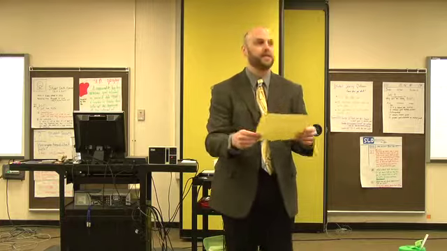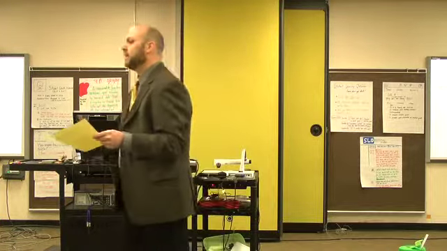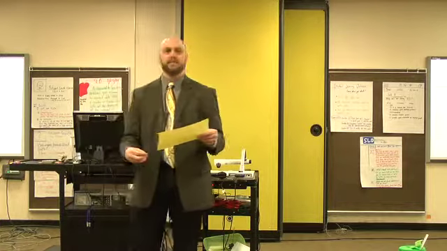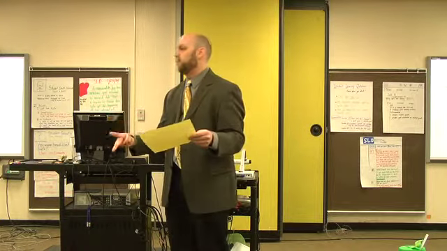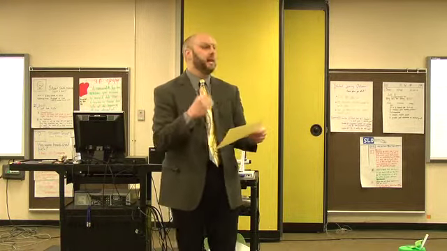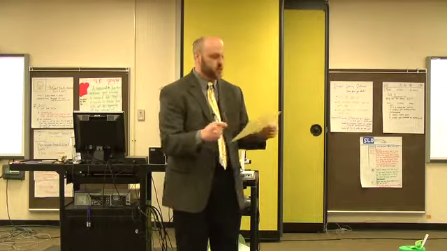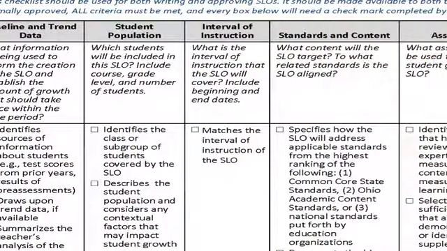It comes down to that third row. Notice it's a series of check boxes. It's not a rubric. It's not a grade. It's not saying you get a 3 out of 4, where I'm reading what you've written and scoring it 3 out of 4 on quality. It has to do with completion. So if I go over to, say, interval of instruction, so I don't have to read a whole lot.